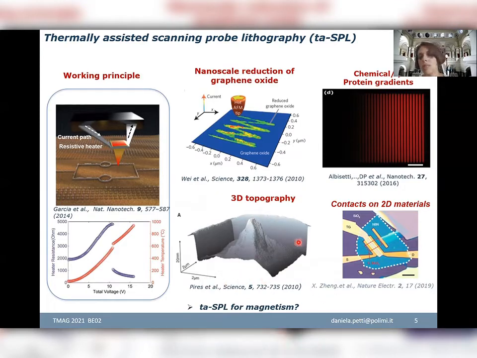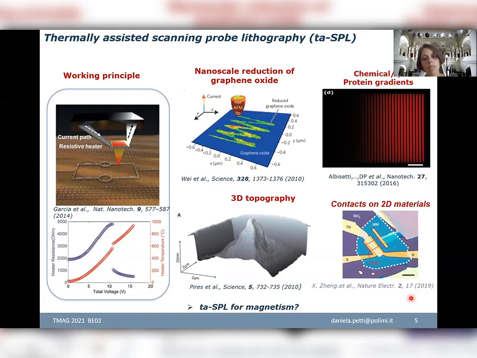By tuning the temperature of the tip, it is even possible to create chemical or protein gradients on a substrate. And finally, this one on the bottom right, a recent result, is the use of ta-SPL in combination with a resist in order to create ohmic contacts on very sensitive materials like 2D materials without damaging them.